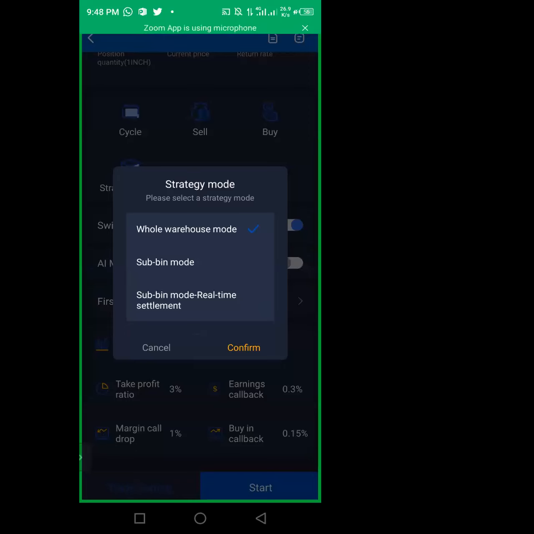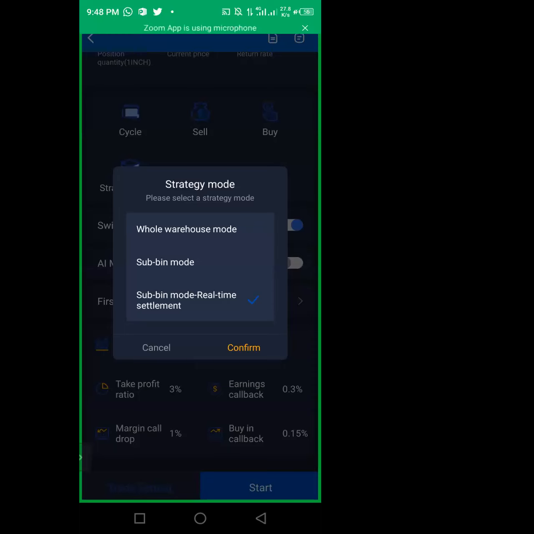You did not set enough margin calls. You did not activate the sub-bin real-time settlement because your margin calls did not pass 4. Now you expect the robot to make profits for you in the deep. It's not possible. They told you the robot is designed to make profits for you in the deep, but you did not set the actual settings that should make the profits for you in the deep.